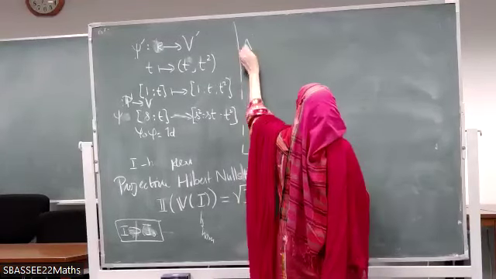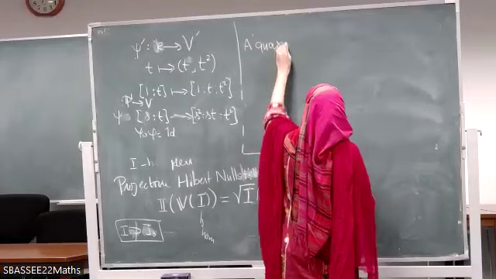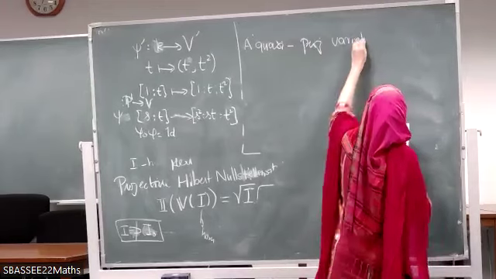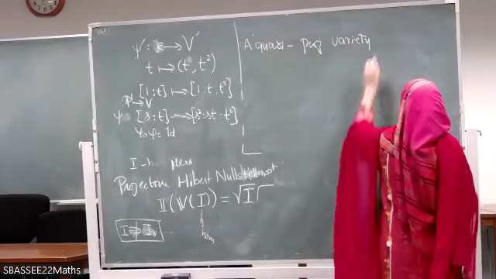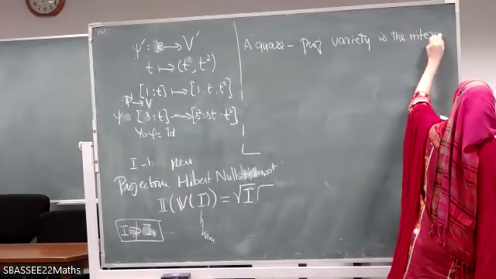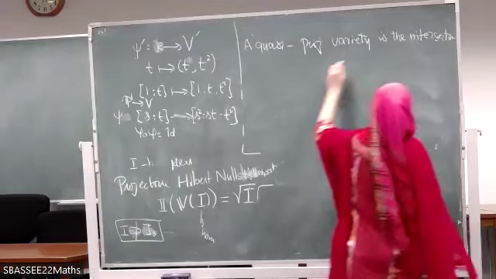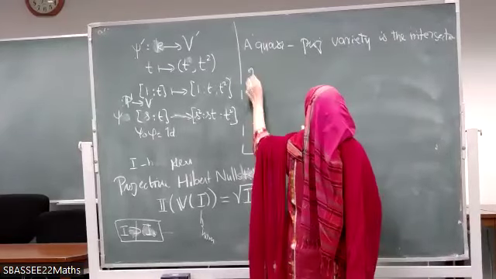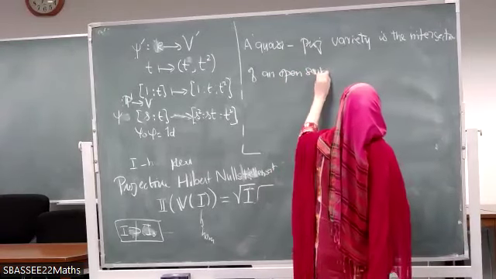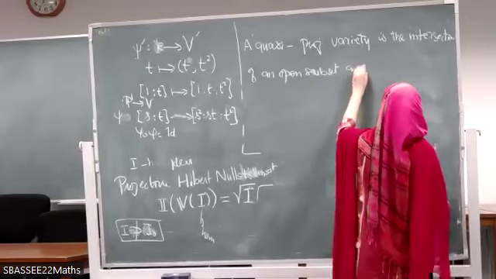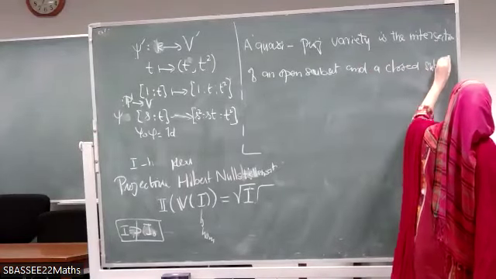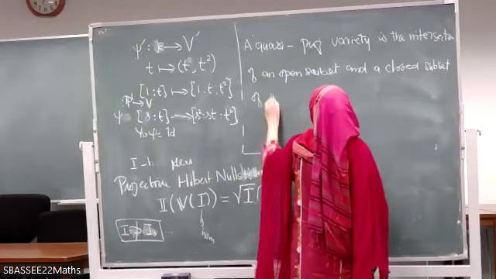So a quasi-projective variety is the intersection of an open subset and a closed subset of Pn.